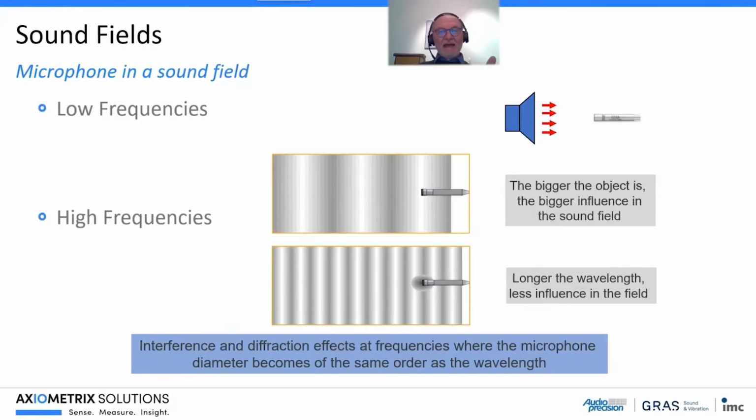But at higher frequencies, where we have a shorter wavelength, let's say 10 kilohertz, the wavelength is 3.4 centimeters. Then a little microphone with 1.3 centimeters of diameter will have a certain influence, and we will see that we build up extra pressure in front of the diaphragm.